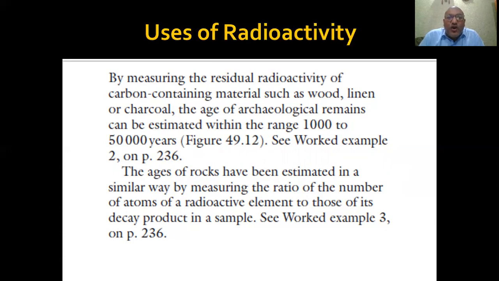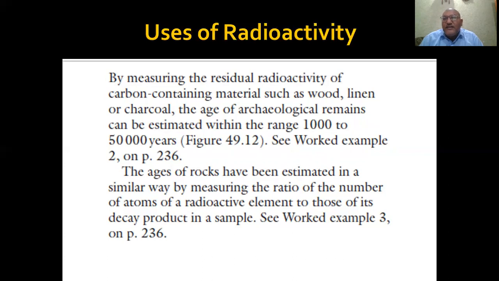The ages of rocks have been estimated in a similar way by measuring the ratio of the number of atoms of a radioactive element to those of its decay product in a sample. Okay, so when we use rocks, we don't use carbon, but other radioactive isotopes which are present in them.